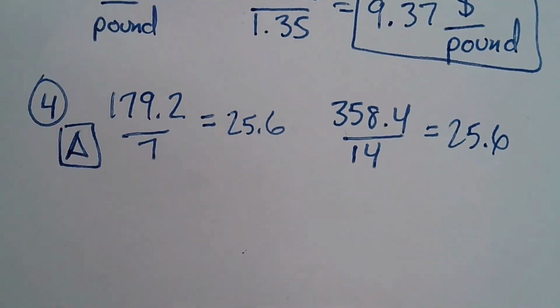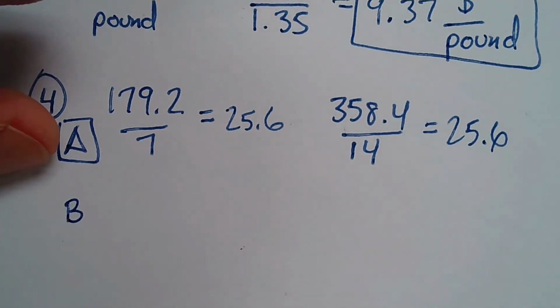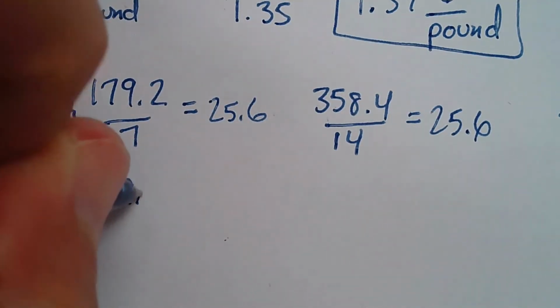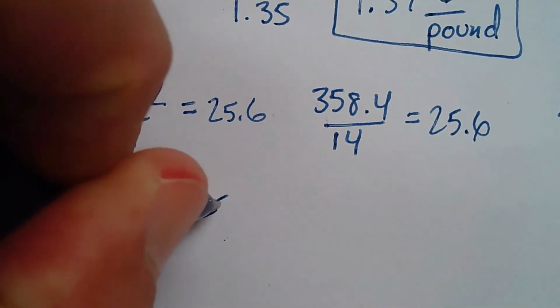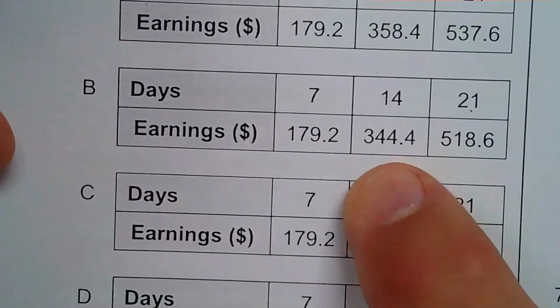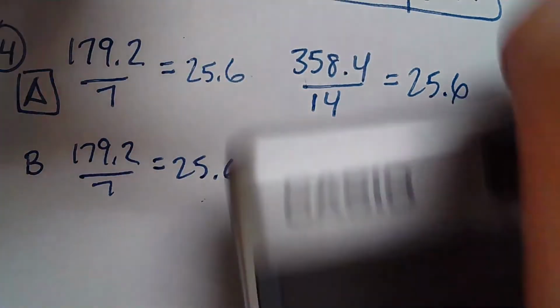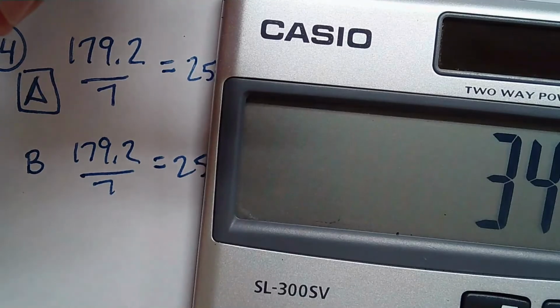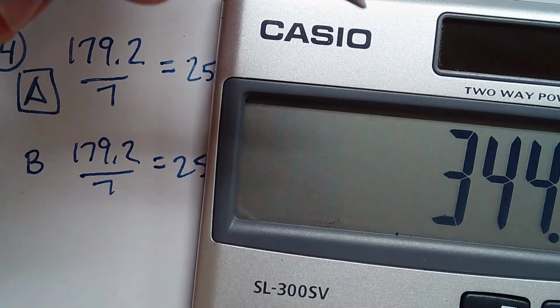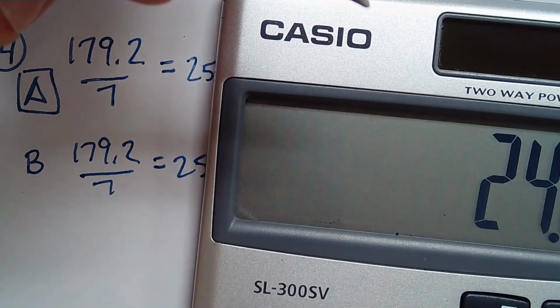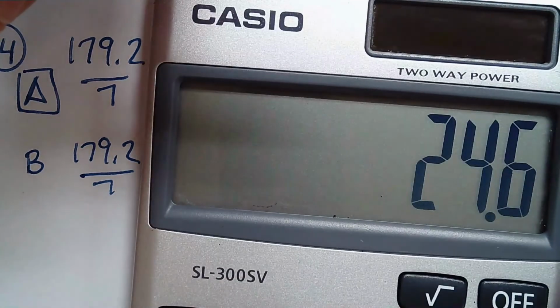Well, let me show you B real quick. If I have B, we have 179.2 divided by 7, that is 25.6. And then the other number is 344.4 over 14. 344.4 divided by 14 is 24.6.